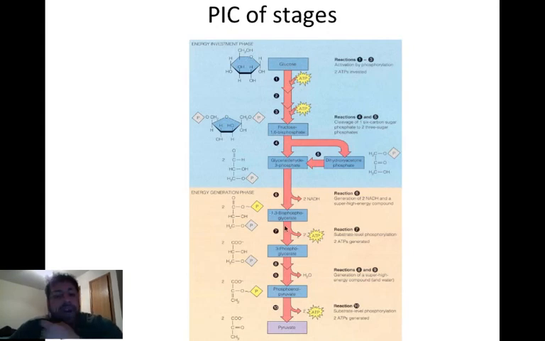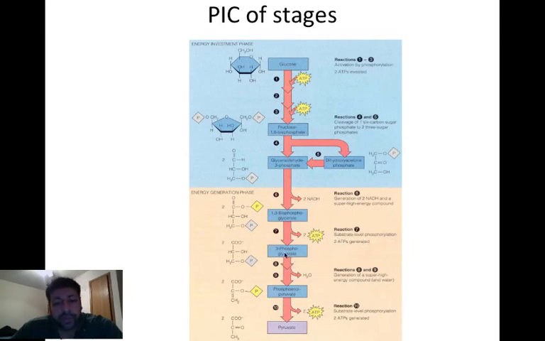So that phosphate from the number 1 carbon of the 1,3-bisphosphoglycerate has been lost and hooked up with an ADP, an adenosine diphosphate, in order to make ATP, adenosine triphosphate. So we have some energy being made and released.